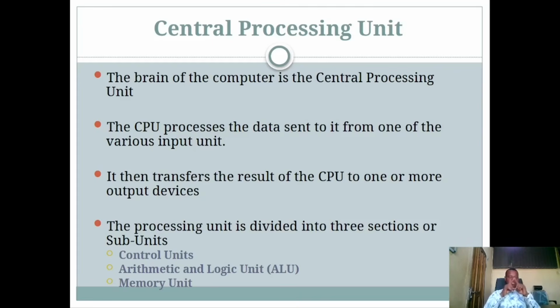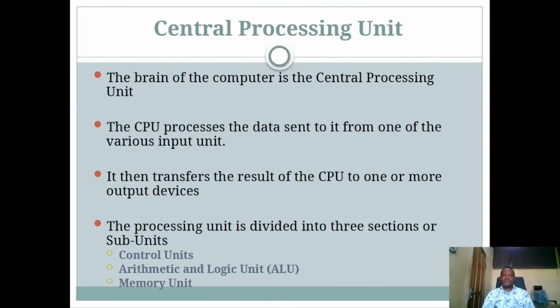It goes into the central processing unit. The central processing unit does the processing of data. Then the information, which is the output, goes out of the computer system through the output unit. The output goes from the CPU to the output unit. From there, we can now get our output or our result out.